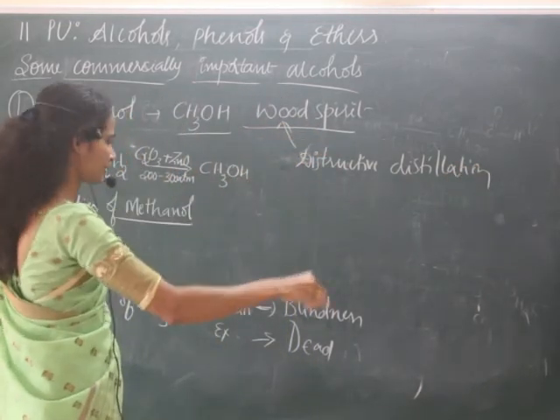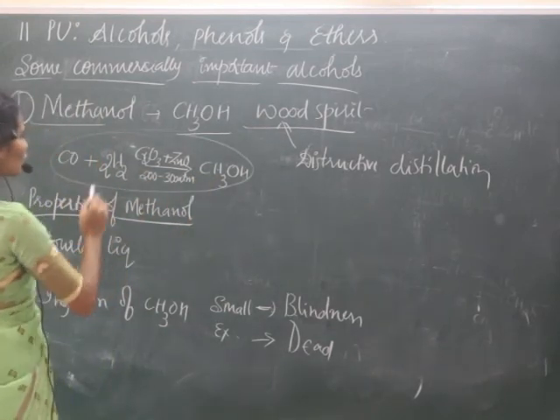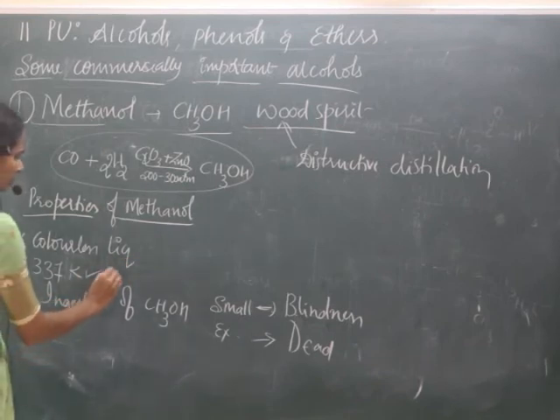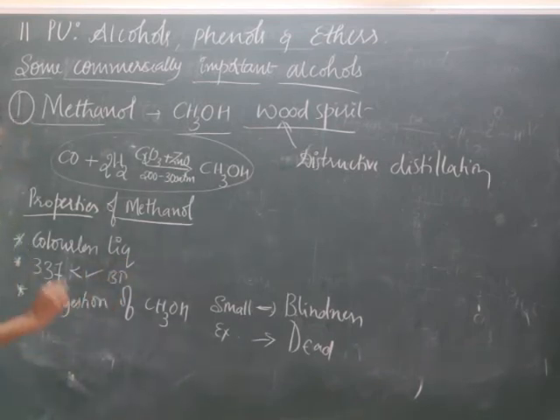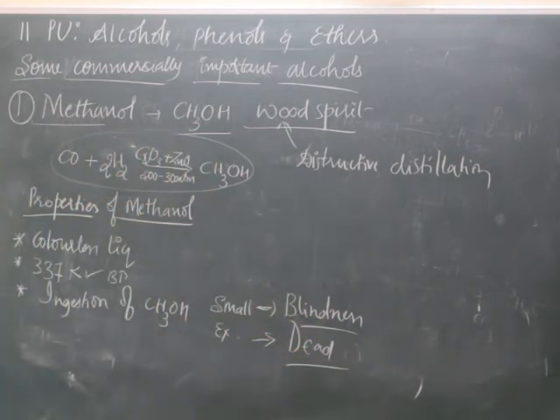Nowadays it is prepared using carbon monoxide and hydrogen at 200 to 300 atmospheric pressure. Its properties: it is a colorless liquid, its boiling point is 337 Kelvin, and it is very poisonous, leading to blindness as well as death. This is about one of the commercially important alcohols, that is methanol.